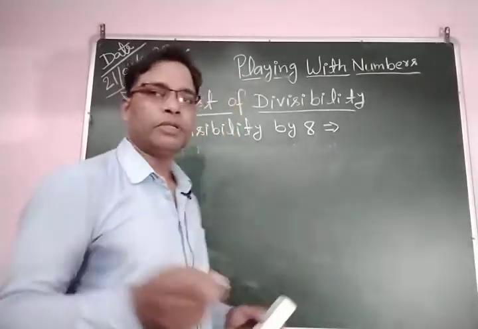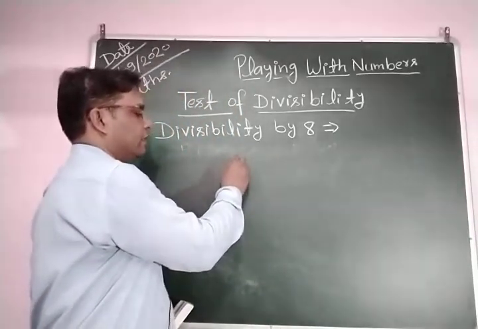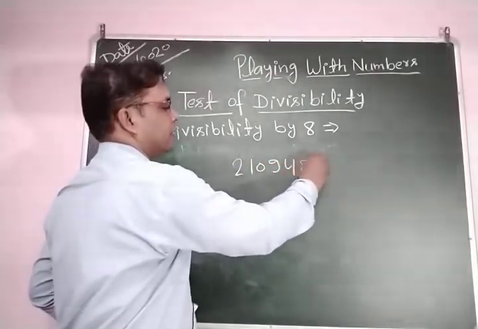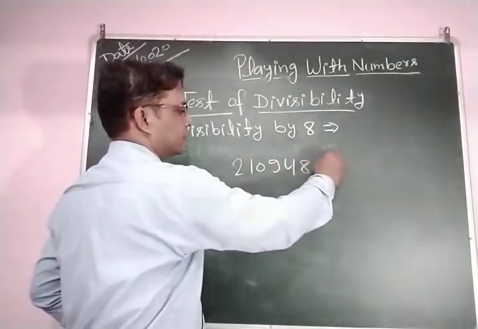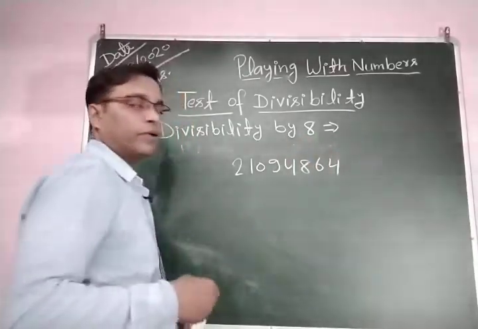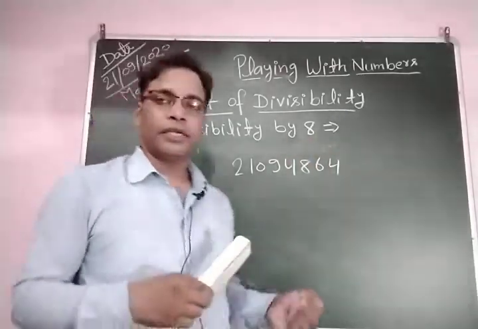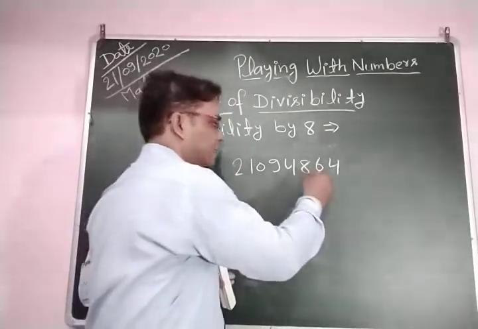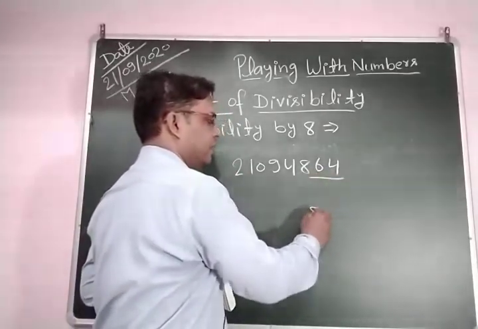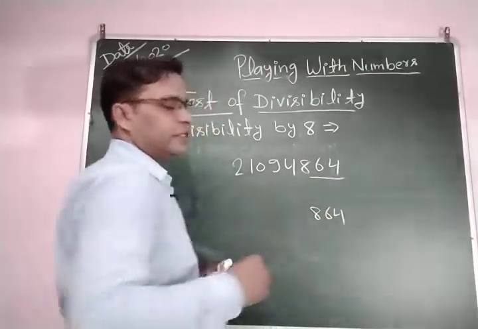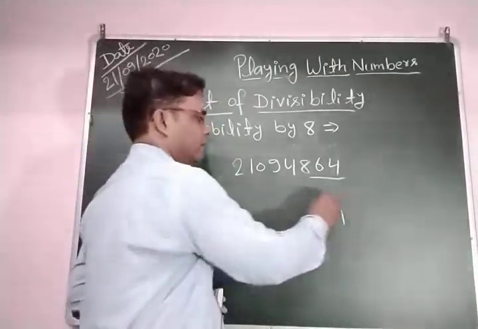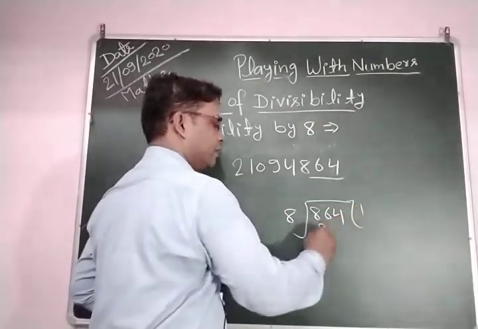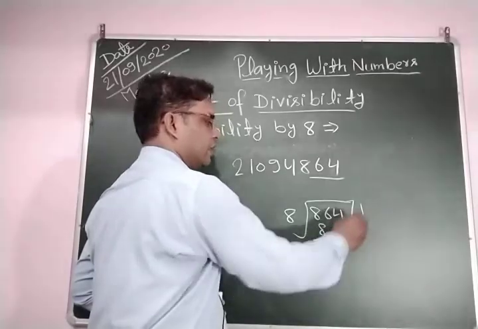For example, take any random number, 94864. Is this number divisible by 8 or not? For this we take the last three digits, which are 864. If you divide by 8, you obtain 1, 0, 8.